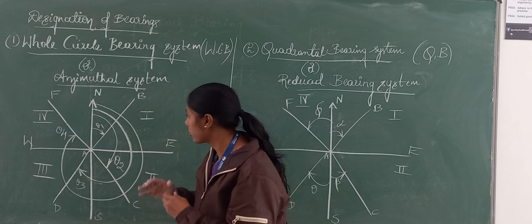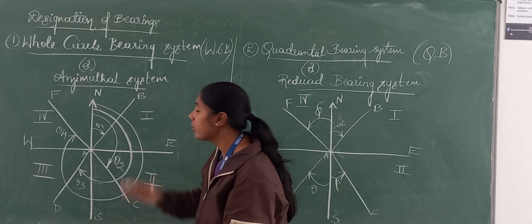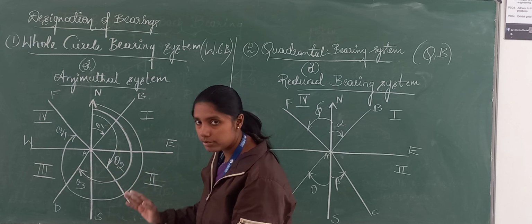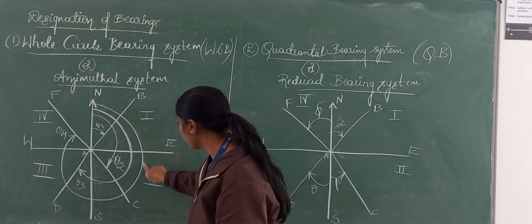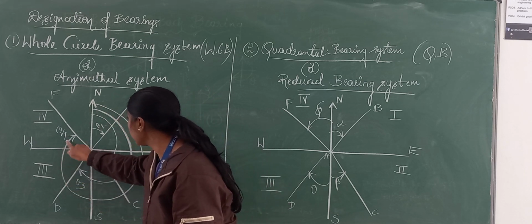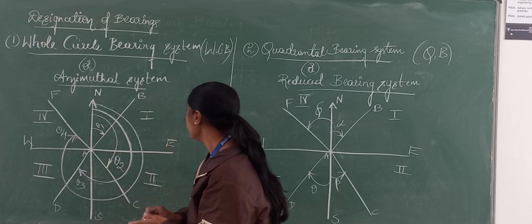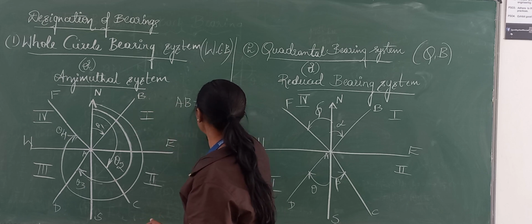With respect to the line AF also, we measure the bearing from the magnetic north itself, and that too in the clockwise direction. This is what our whole circle bearing is. From magnetic north towards the last line AF is the angle theta 4. So, the bearing of the line AB is theta 1.